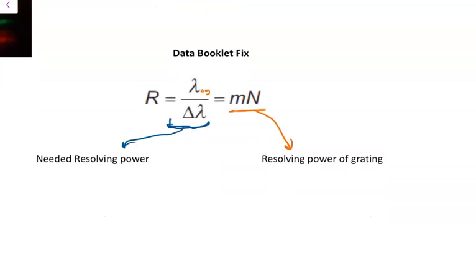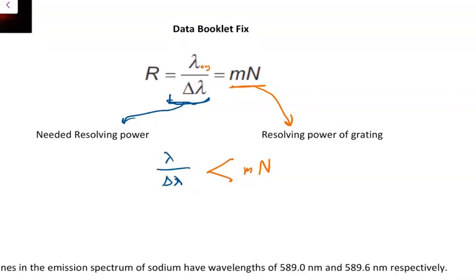So that means in order for the diffraction grating to help us resolve these two wavelengths, or to be able to see separate wavelengths, our Mn has to be greater than our lambda over delta lambda. And then if this is the case, if this is true, then we can resolve the two wavelengths. So I should say if this is true, then we can see the two wavelengths.